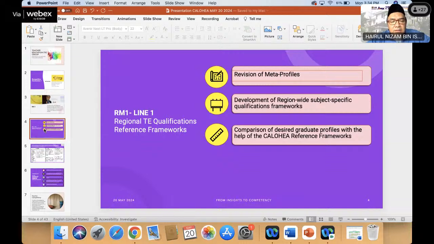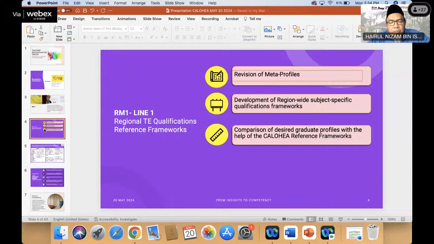In terms of task one, or line one, first is the revision of the meta profiles. So we look critically and specifically at each program and understand the profile of the program, so that we are able to see if there are any compatibility, similarities as well as differences.